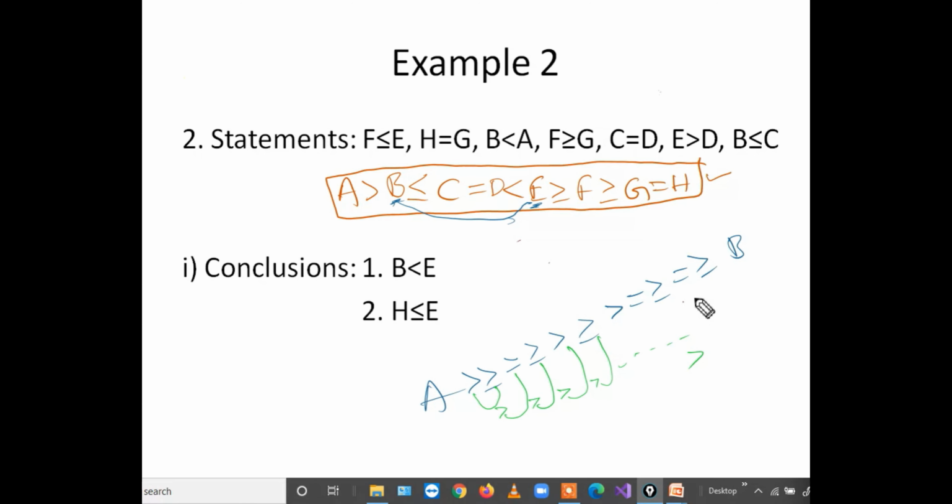So instead of doing all this procedure, we'll do one more thing here. Okay, you are telling in this case it is greater than, sir. Now tell me what is the relation between A and B?